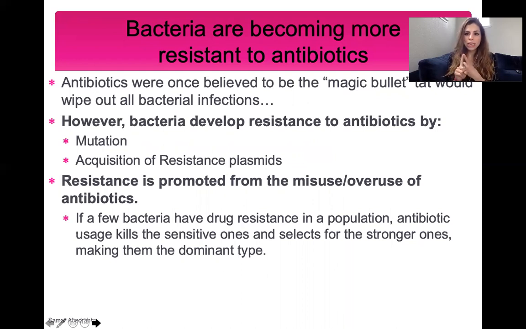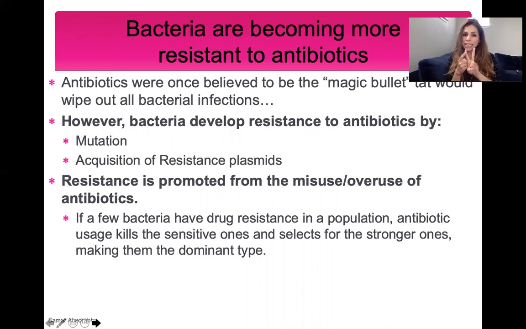Either they gain mutations over time, over many generations, or they acquire resistance plasmids. If you remember, in the pBlue lab, you actually gave a resistance plasmid to E. coli that gave it the ability to be resistant to ampicillin. So those are the only two ways that bacteria develop resistance to antibiotics.